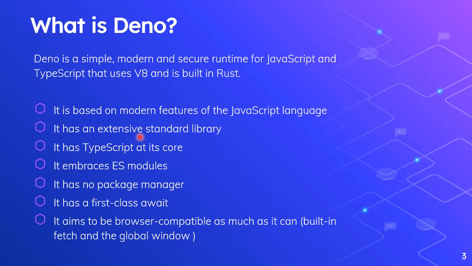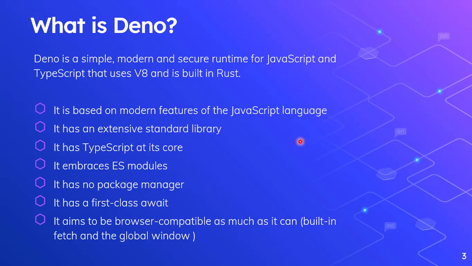It newly came out on the 20th of May of this year by the Node.js creator, Ryan. So he said while he was creating Node.js, he had some problems with it, and that's why he wanted to create a better version of Node.js. But Node.js is not going anywhere. It will be here for years.